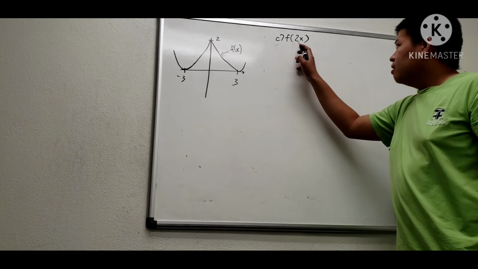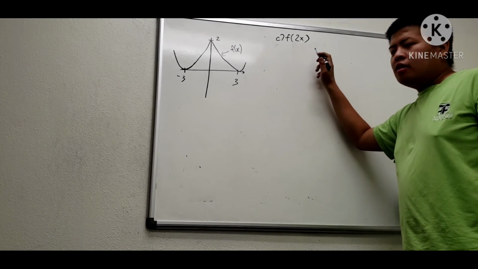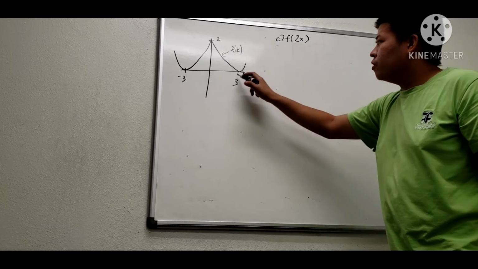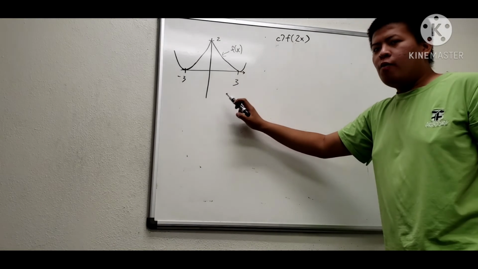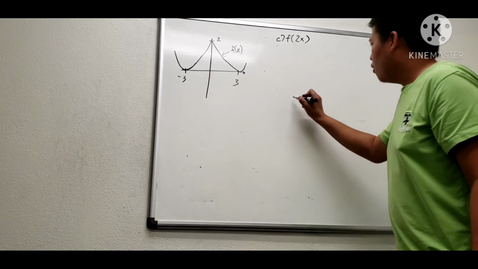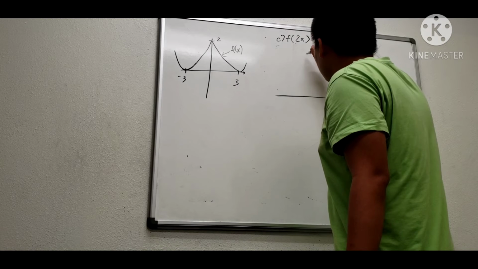Now f(2x), the 2x inside the function. So the function will shrink in here. It means number 3 will become 1.5 and minus 3 will become minus 1.5, and the graph in here should be like this.